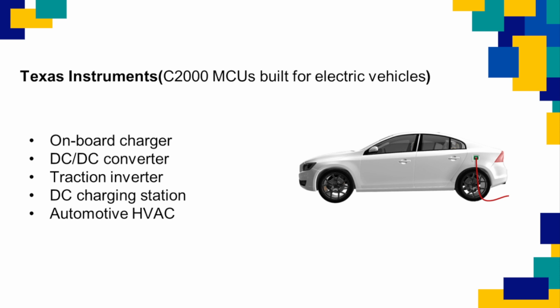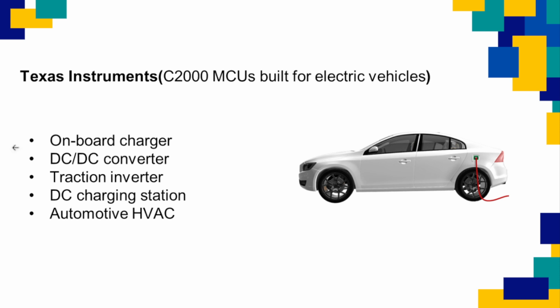This DSP core coupled with a high performance CPU enables efficient computation of the complex control algorithms required in EV applications. The advanced architecture of the C2000 microcontroller allows simultaneous execution of control loops, motor control algorithms and other real-time tasks with minimum latency.